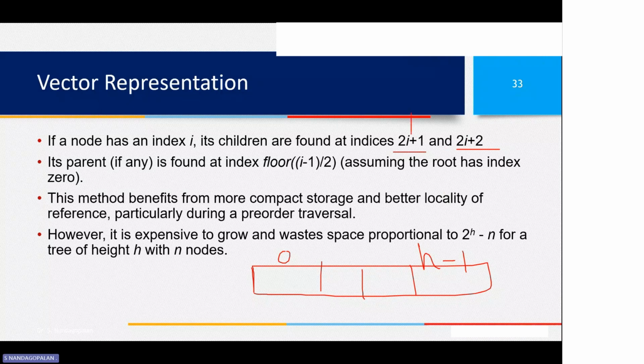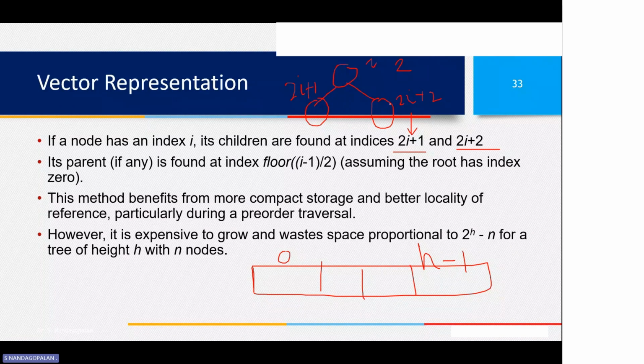What is i? This is the ith node. So if I have ith node here, my left child will be stored at 2i plus 1. And my right child will be stored at 2i plus 2 in the array. So this is my ith place. So if ith node is at 2, then it will be 5 and 6.